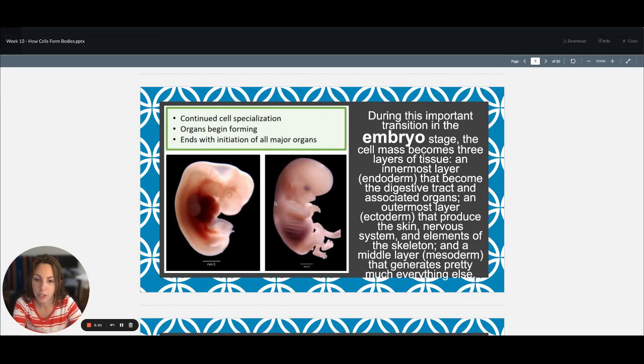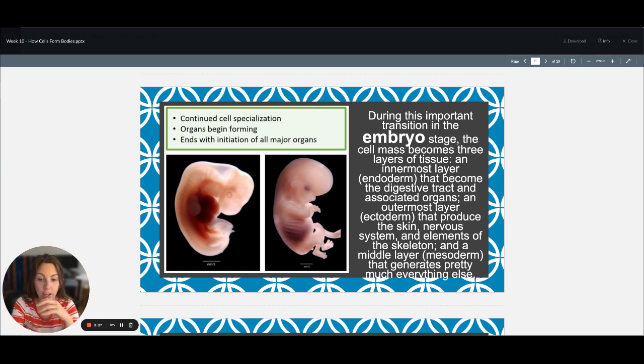So the embryo stage can still be very early on in development, and it's going to extend for quite a while, several weeks. The cells start to specialize, which means instead of all of them looking the same, each cell group is going to start to be a little bit different and be different kinds of tissues and then different types of organs.